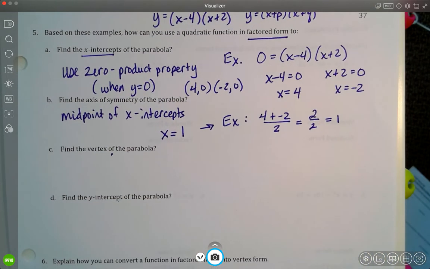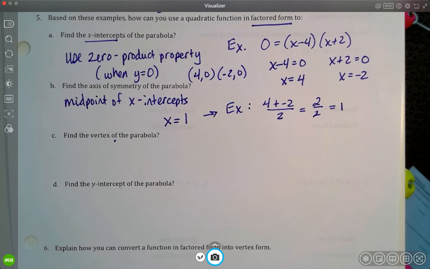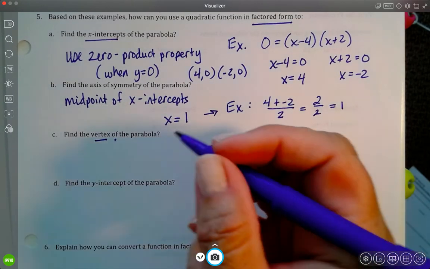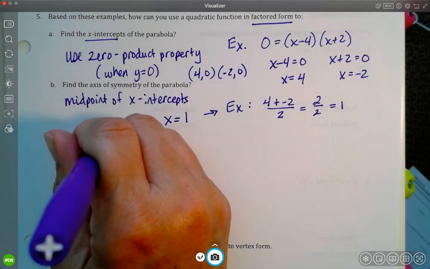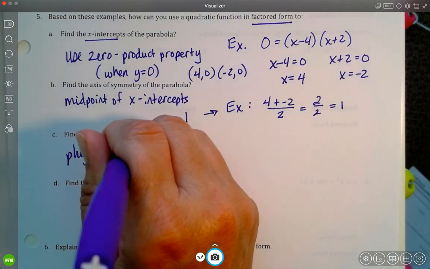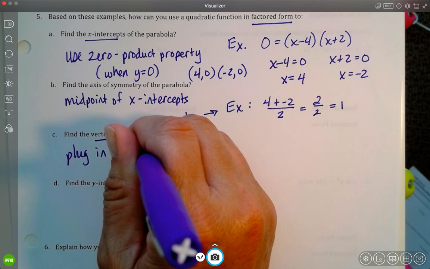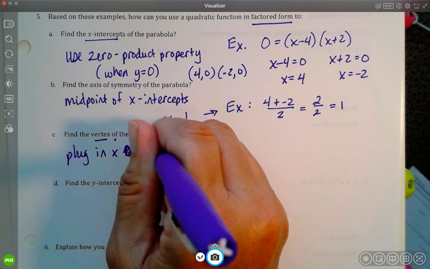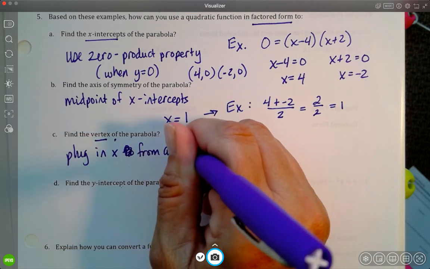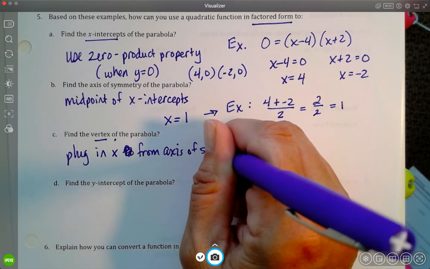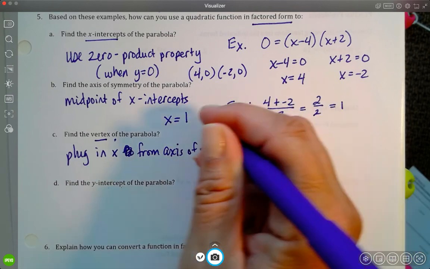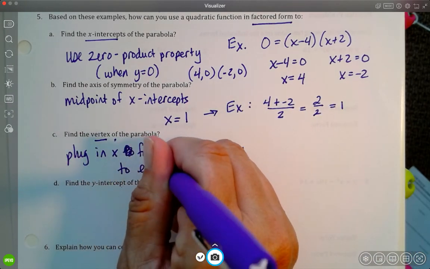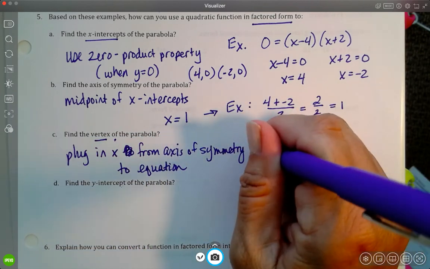How do you find the vertex of the parabola? Well, you plug the x from the axis of symmetry into the equation. Okay, here's my example again with the same quadratic.